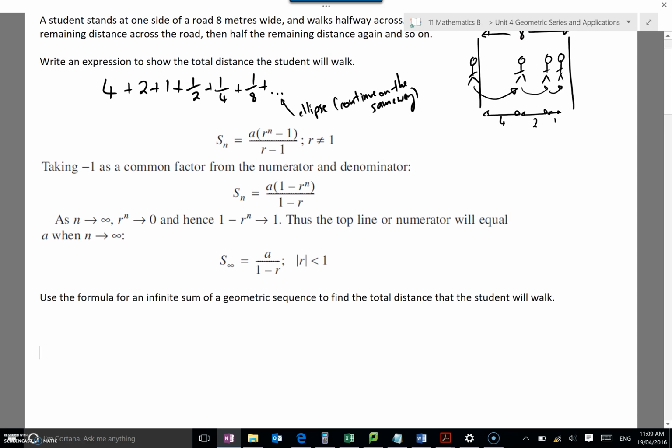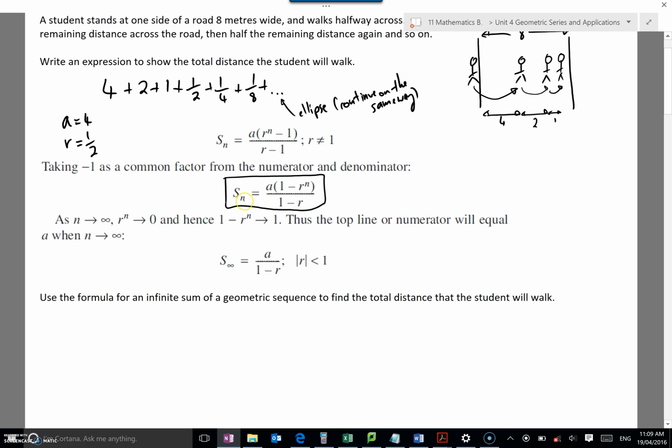We do have a formula for this. This is our standard geometric series formula, the one that you know pretty well. We can rearrange it to the form that we always use. This is the form that you guys are used to. If we look at our expression up here, we know the first term is 4 and the common ratio is a half. We're multiplying by a half each time.